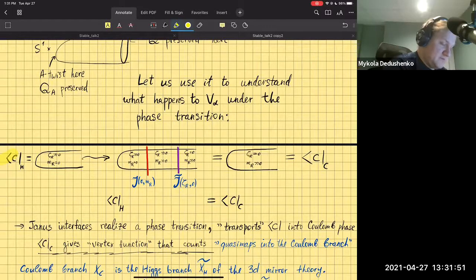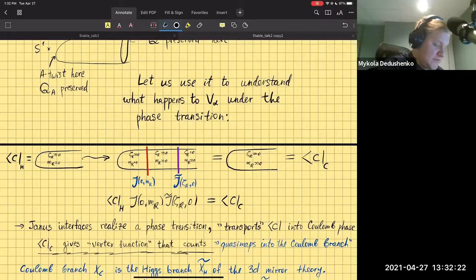So this heuristic pictorial argument shows you that if you start with the state in the Higgs phase and then act on it with our operators, the interfaces, you get a state in the Coulomb phase.